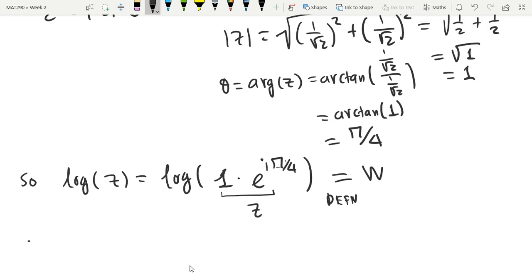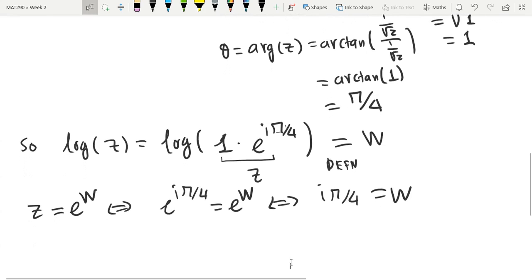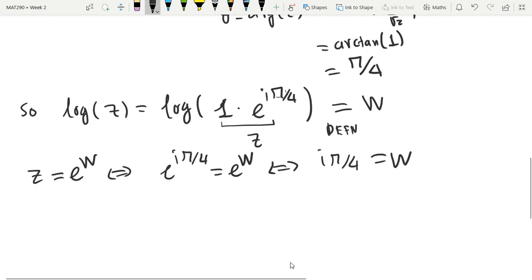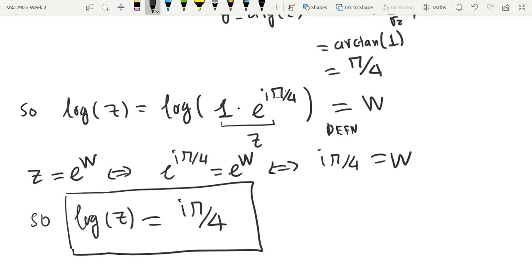We said z is equal to e to the w, right? And now we know what z is. z is e to the i pi over 4. So we get i pi over 4 is w. Okay? So log of z is i pi over 4. Okay?